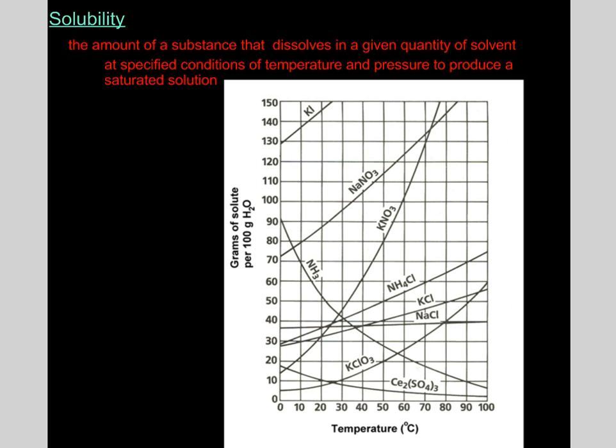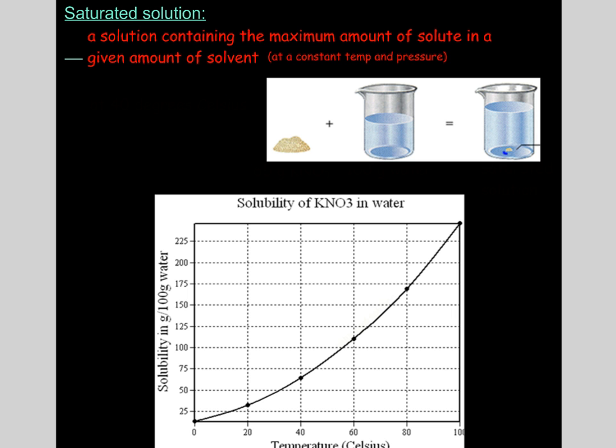So we're going to take a closer look at this KNO3, this potassium nitrate curve right here. We're going to take a closer look at that in this next slide. Alright, so the line represents a saturated solution, and so we have to understand what that means. A saturated solution is a solution that contains the maximum amount of solute in a given amount of solvent. The given amount of solvent on this graph is 100 grams of water.